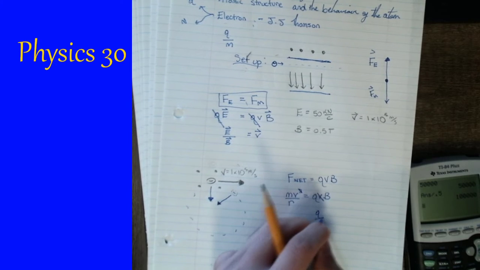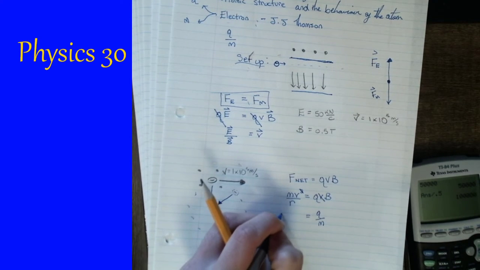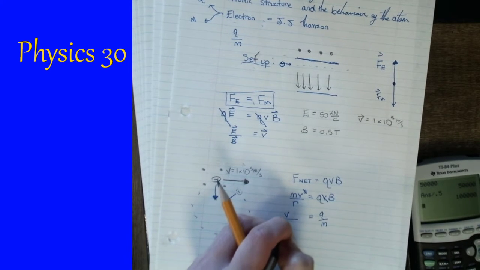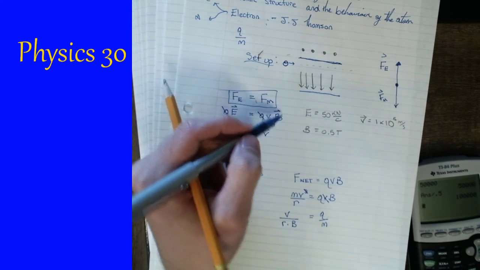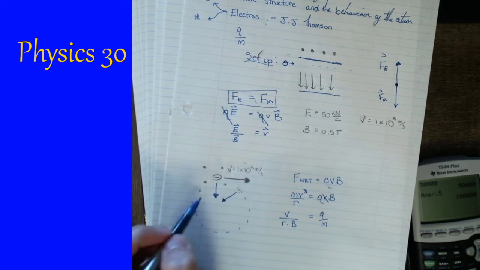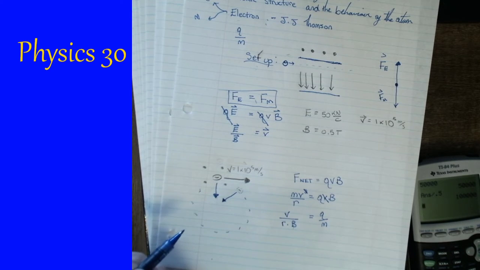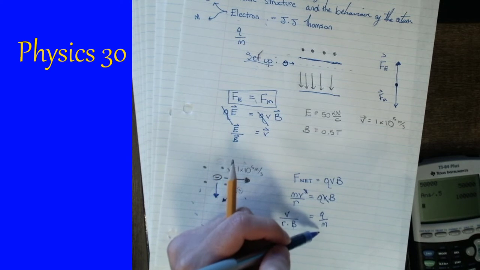That leaves us with q over m equal to v over r multiplied by b. So a speed that we just measured, a radius that we can most likely calculate, and a strength of the magnetic field that we know will give us what the ratio between the charge and the mass is.